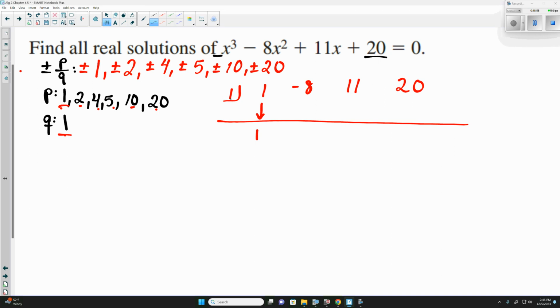We would do 1 times 1, which is 1, negative 8 plus 1 is negative 7. 1 times negative 7 is negative 7, 11 plus negative 7 is 4. 1 times 4 is 4, 20 plus 4 is 24. So is 1 a solution? No, because the remainder is not 0.